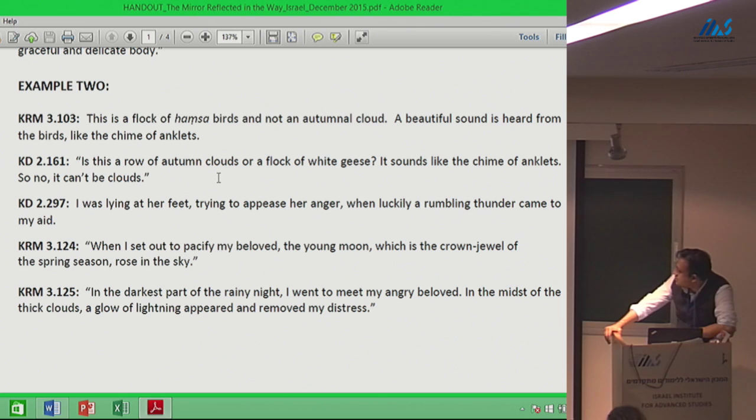In the midst of the thick clouds, a glow of lightning appeared and removed my distress." The second verse somewhat restores the image of the thunderclap by introducing the glow of lightning and the notion of assistance found in Dandin's verse, the assistance of the thunder.